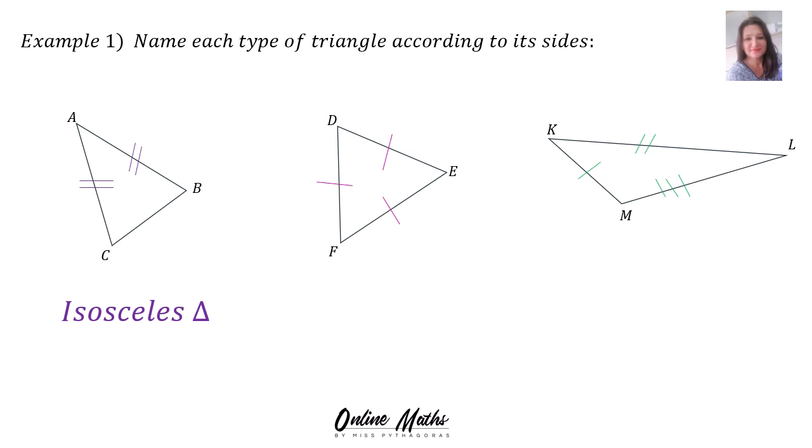In the next triangle DEF, we find that the three sides are equal. Therefore, that's an equilateral triangle. And then in triangle KLM, the three sides are different. Therefore, that's a scalene triangle.